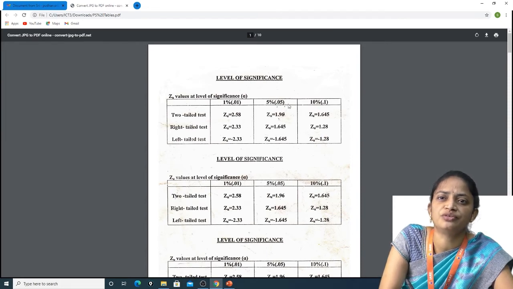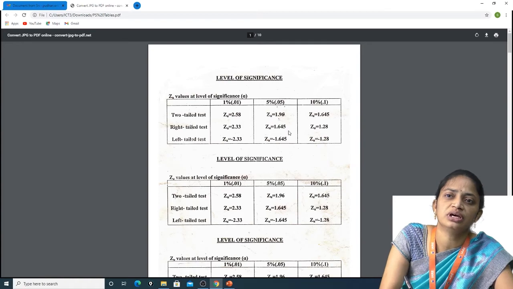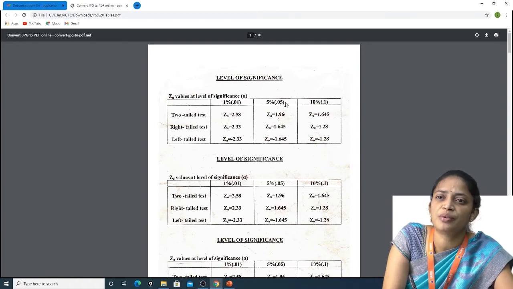If the alpha value is 0.05 in a two-tailed test, z alpha is 1.96. If the alpha value is 0.05 in a right-tailed test, z alpha is 1.645.